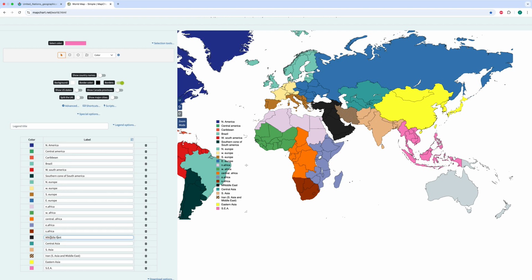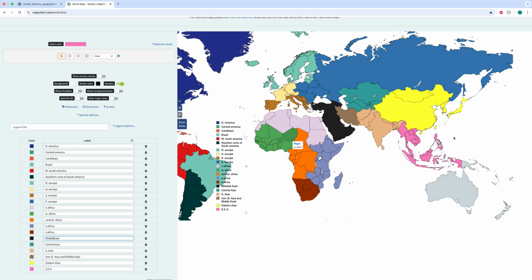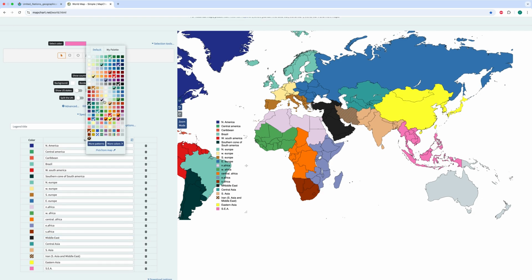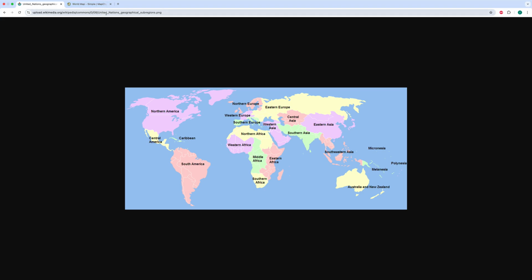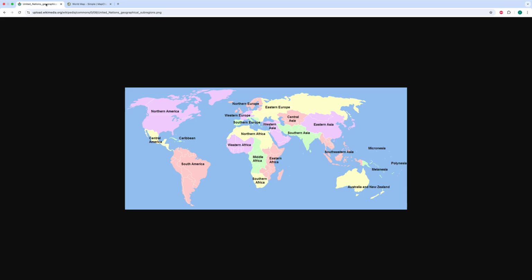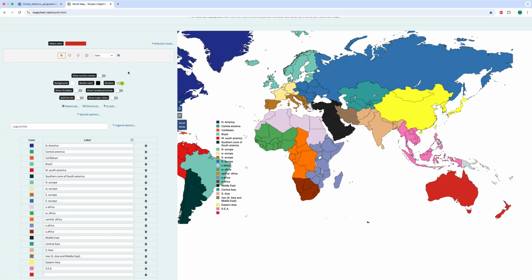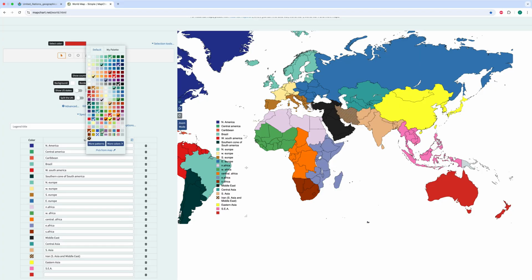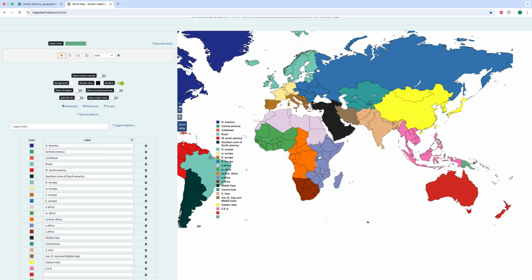Middle East. Then we have only one continent left, or region, Oceania. That has Australia and New Zealand. Then there's Melanesia: Papua New Guinea, Solomon Islands, New Caledonia, Vanuatu, and Fiji.